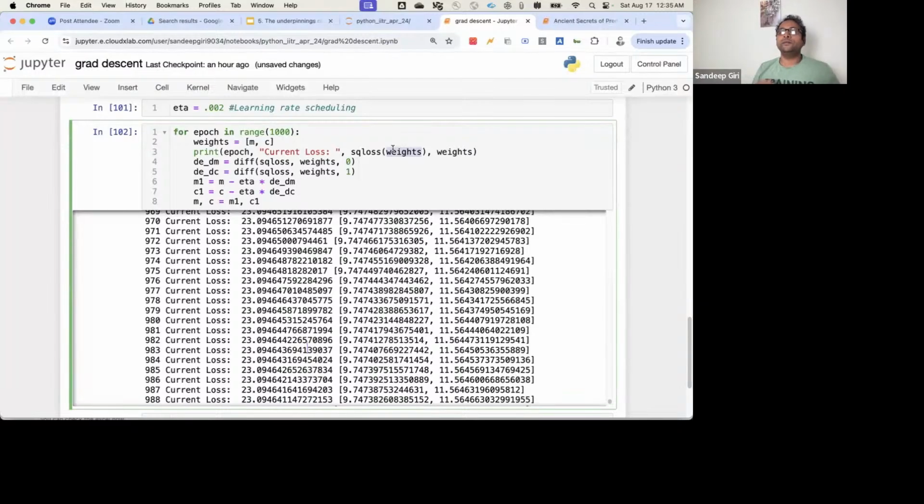You usually also compute the loss on data which this model has not seen. So you keep one set of data that the model is not trained on. That's your testing data. And then you observe: is the loss going down for that unseen data set also? If that is also going down, that means we are going well.